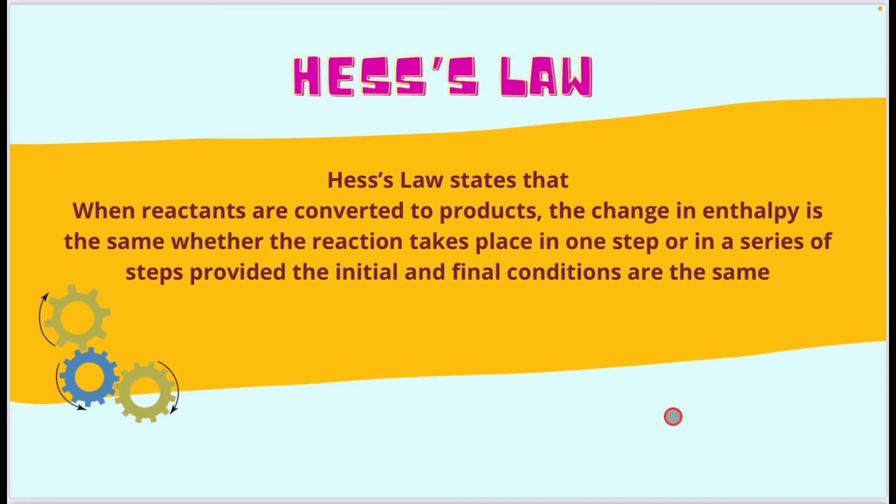Hess's law states that when reactants are converted to products, the change in enthalpy is the same whether the reaction takes place in one step or in a series of steps, provided the initial and final conditions are the same.